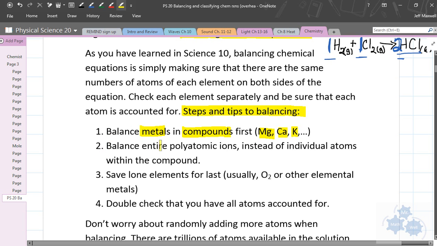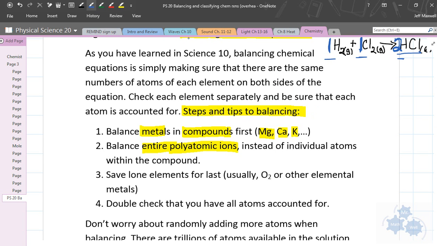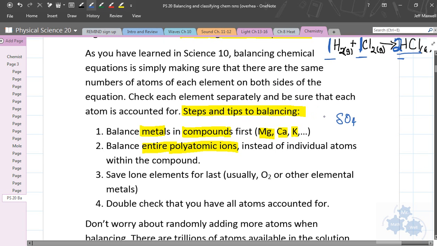Number 2, if there are any polyatomic ions in a compound, it's a good idea to balance the entire polyatomic ion on both sides. So if, for example, we have sodium sulfate on this side, and it reacts with something else here, and you end up with iron sulfate over here. Okay, and let's say this is 2 and this is 3.